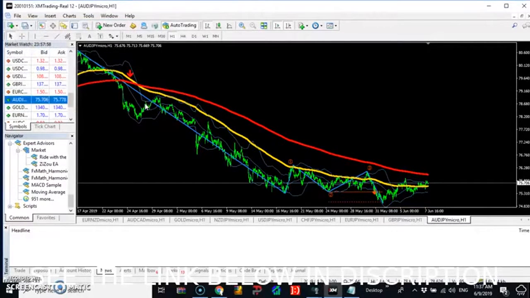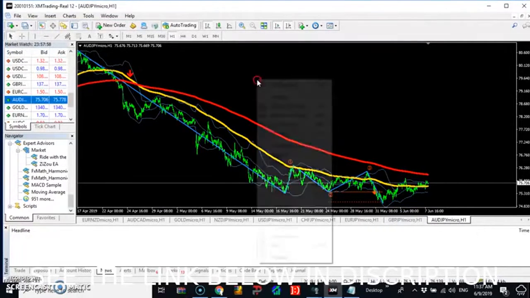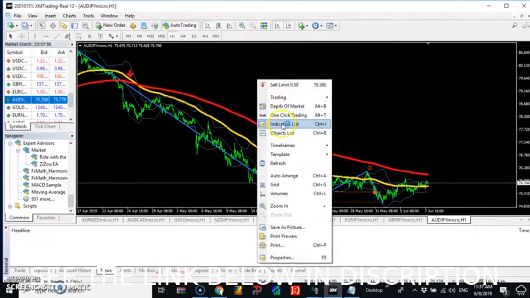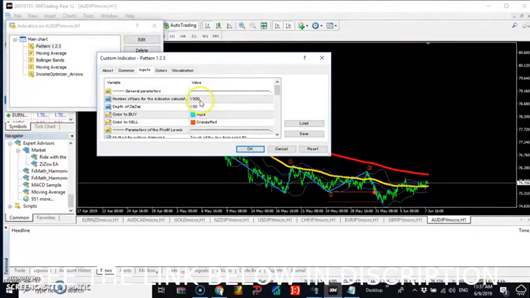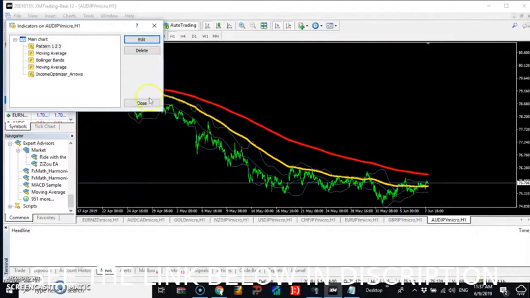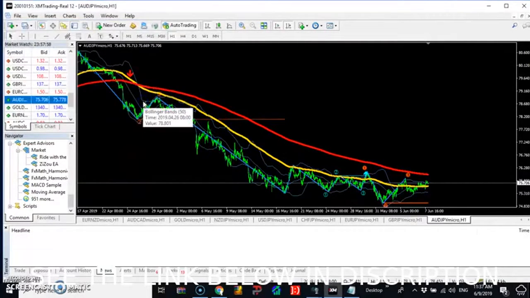Then, what I feel is that the 50 period is the best. It is the best, but we have to go and silence the signal for one reason.